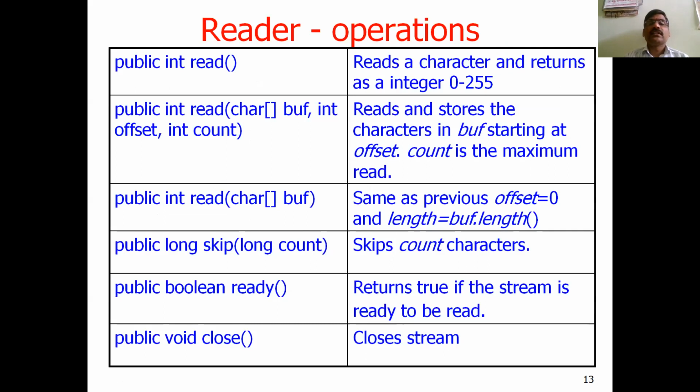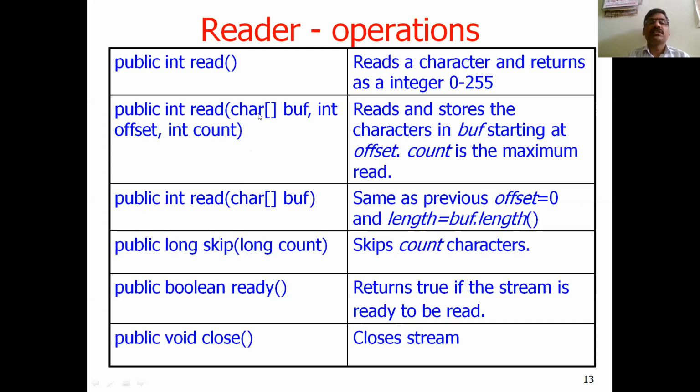Under this Reader class we have the following methods. Again, we have the read method, with three different forms. The only difference comparing the Reader class with the InputStream class is that the read method here takes a character array as the first parameter, whereas earlier we had a byte array.